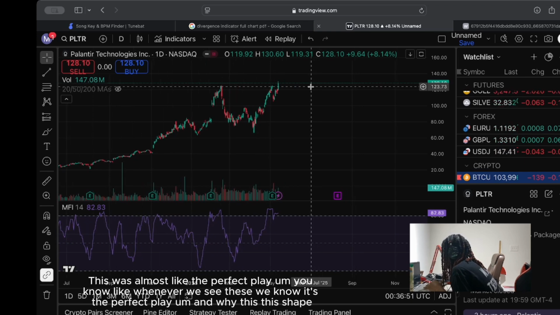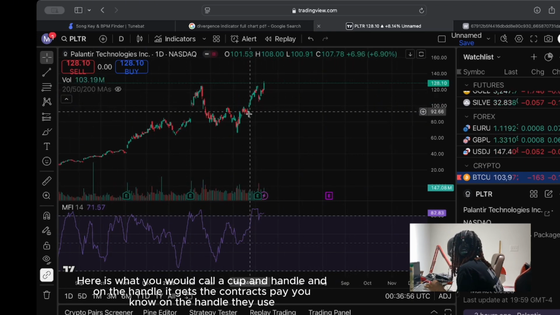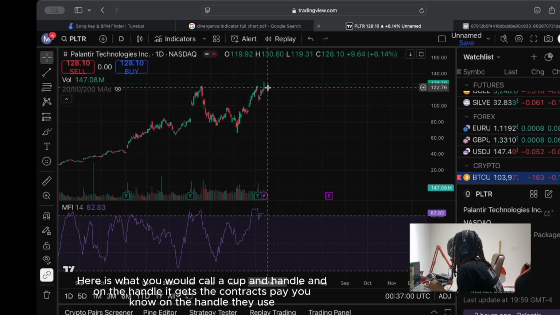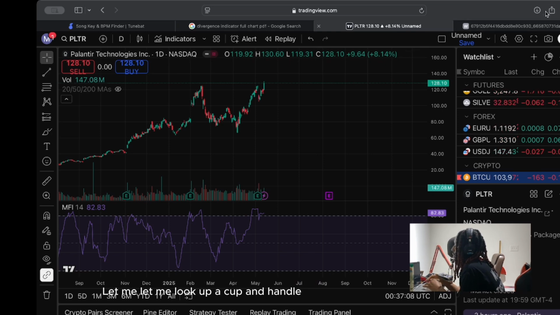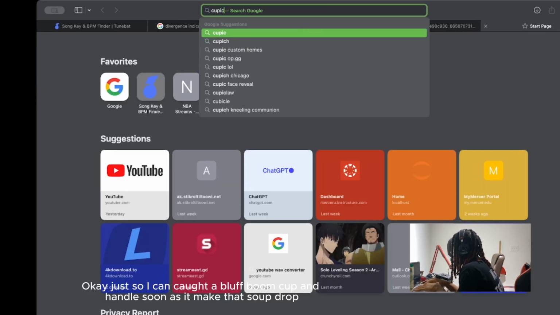And why? This shape here is what you would call a cup and handle, and on the handle, it gets the contracts paid. Let me look up a cup and handle indicator just so I can call the bluff.